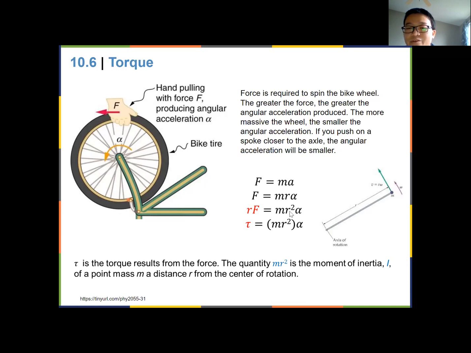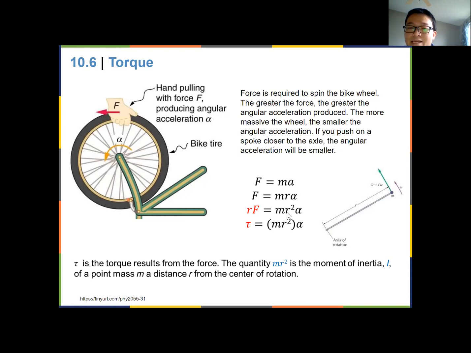So we multiply by r on the right-hand side, which means on the left-hand side we also multiply by r. On the right-hand side you then have m r squared times alpha, where m r squared is I, the moment of inertia, the analog to mass in linear motion.